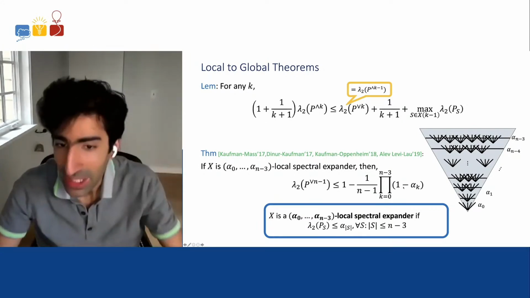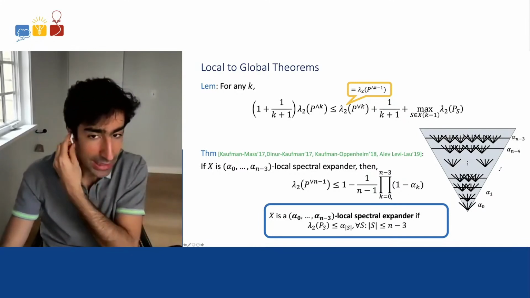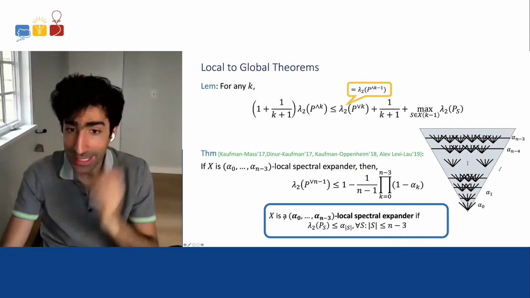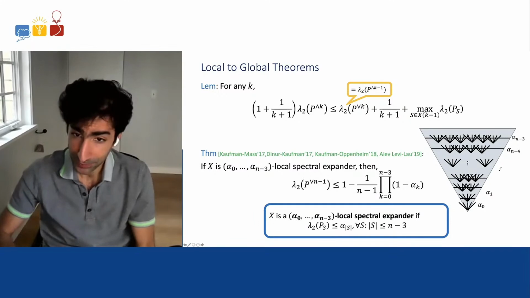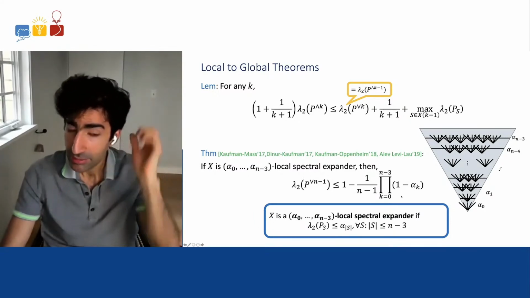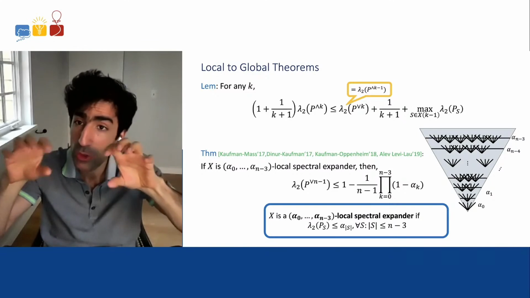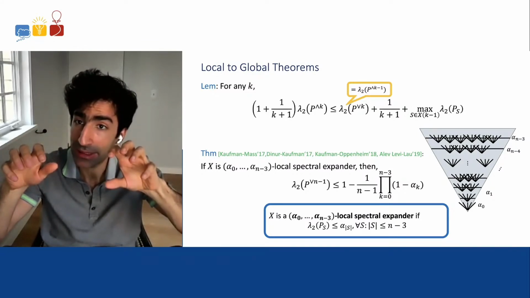There is some intuitive way to think about these things. This is basically saying that if these alpha i's are bounded away from 1, then these local random walks on these links have a very good, very fast mixing time.